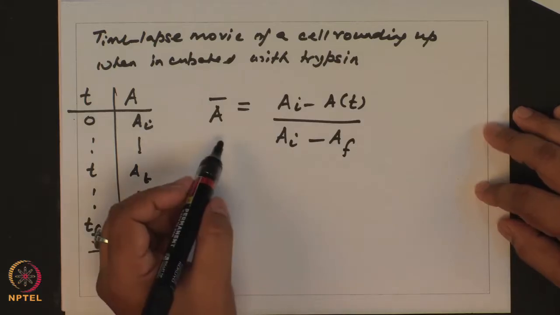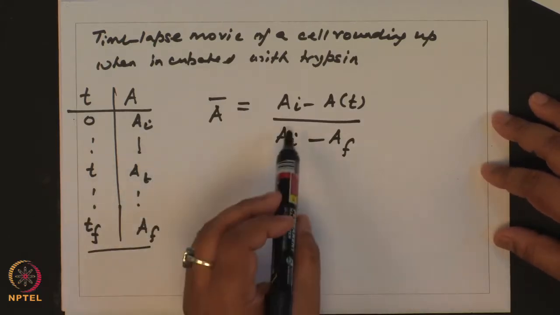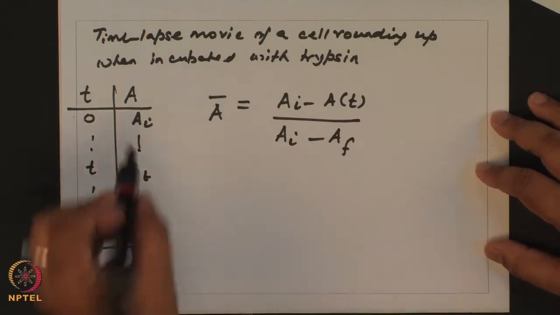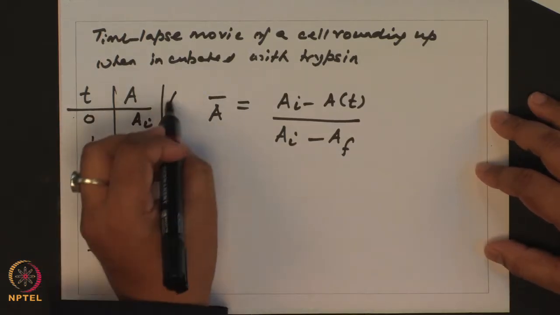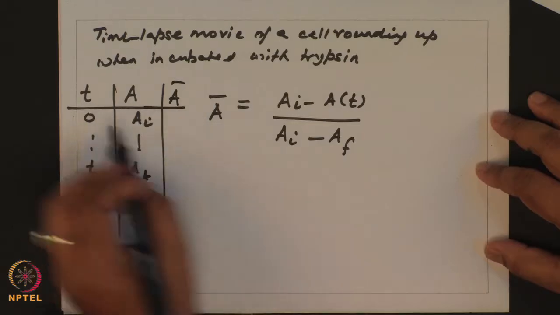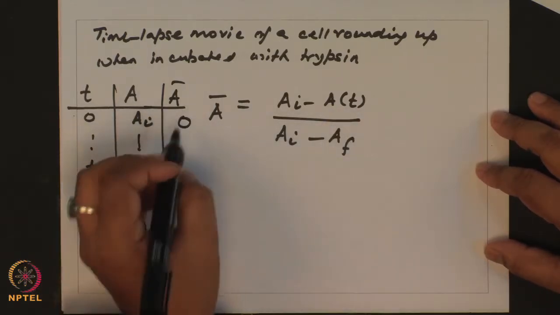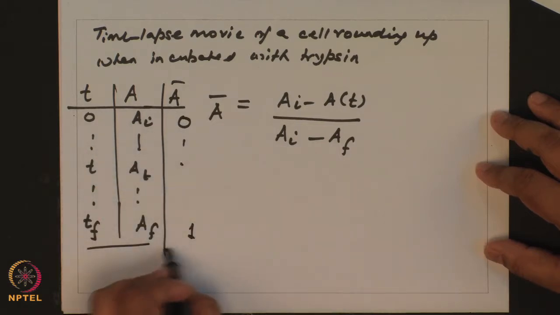I can define this normalized quantity A bar as Ai minus A(t) by Ai minus Af. At t equal to 0, A(t) is the same as Ai, so you have a value which goes from 0 all the way to 1.